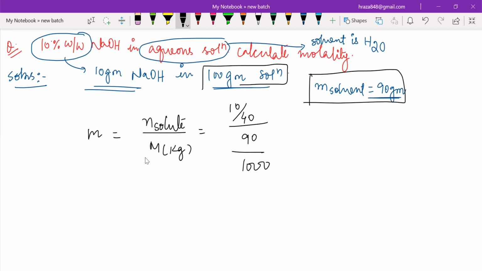So solvent should be 100 minus 10, which is 90 gram. I told you that if 20 to 90, and one cancel, 25 is 100, and it will be 100 by 9 molal.